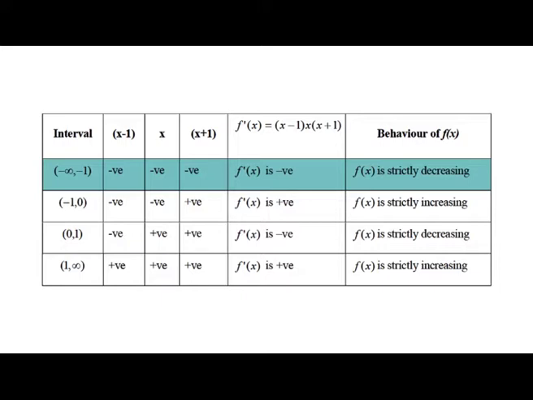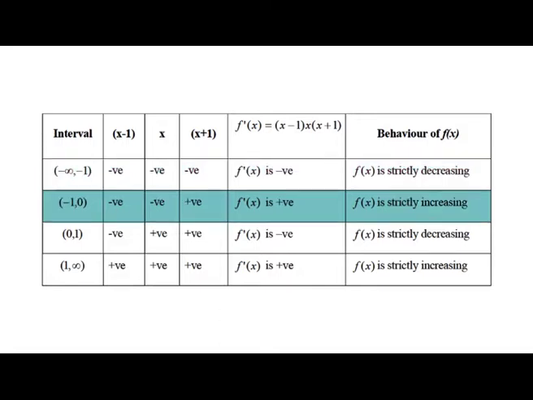Therefore, f(x) is strictly decreasing. In the interval minus 1 to 0, x minus 1 is negative, x is negative, x plus 1 is positive. So, their product f'(x) is positive, so that f(x) is strictly increasing.